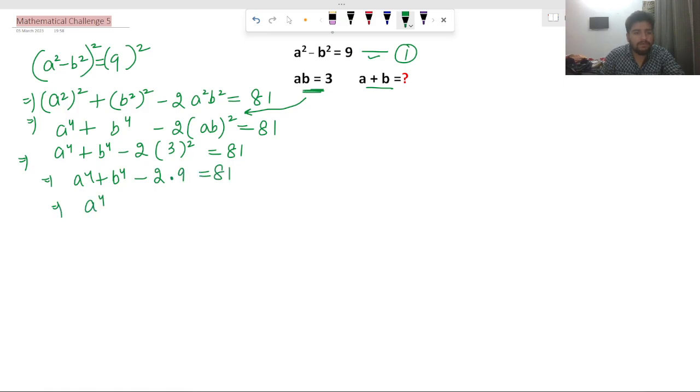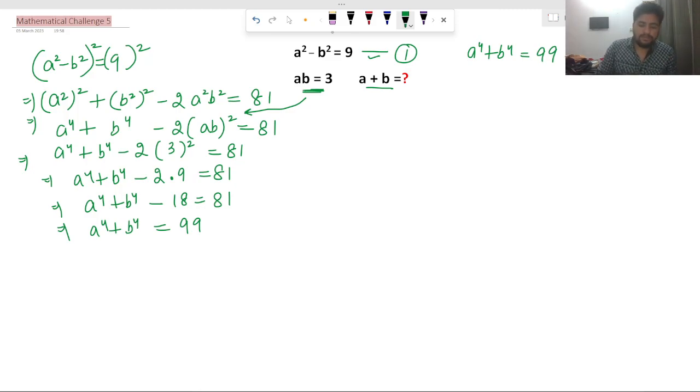We get a4 plus b4 minus 18 equals 81, which will be a4 plus b4 equal to 99. So our equation turns out to be a4 plus b4 equals 99. Let's consider this to be the second equation.